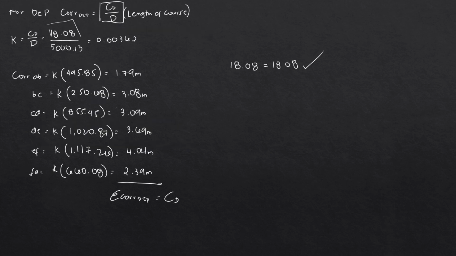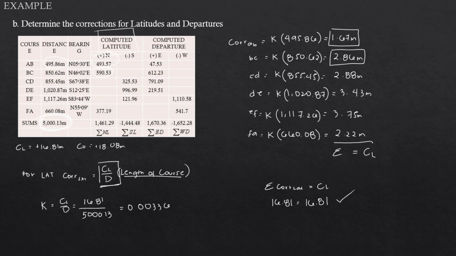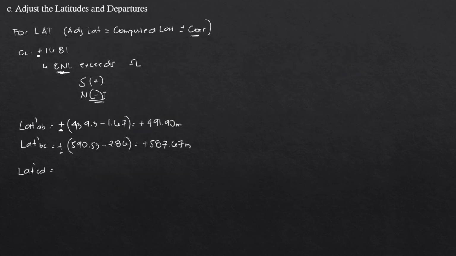Okay, so latitude, corrected or adjusted latitude ng course CD. CD natin is nasa south. Ito na siya, south. So, negative. Negative yung direction niya. Then, value niya is 325.53. So, south siya. So, ibig sabihin, i-add natin yung correction.